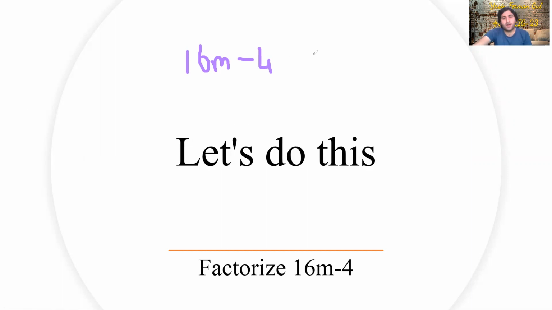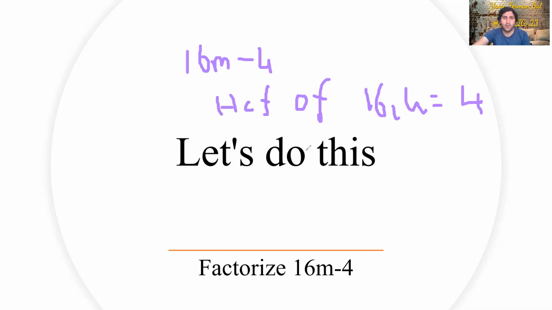First thing, I'm going to look for the highest common factor of 16 and 4, HCF. The HCF of 16 and 4 equals 4. Once I find that, the rest will be easy.